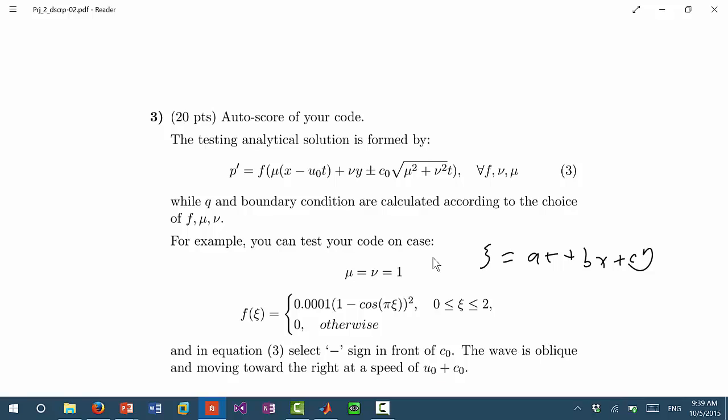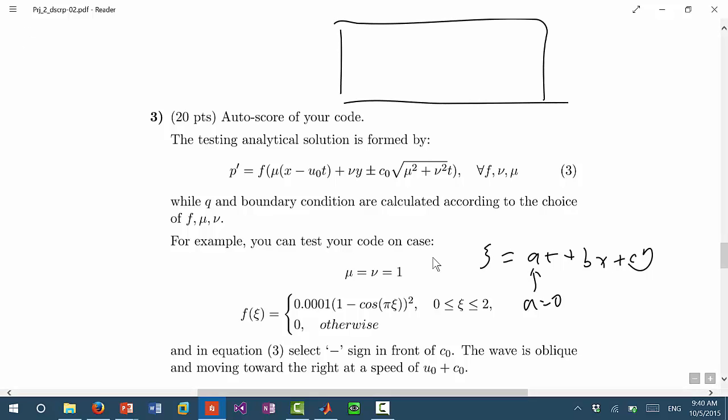Any questions on this? Yes. Does that analytical solution take into account the fact that there's a bump at the bottom? Okay, good question. When you plug it in, you get a bump both at the top and bottom. For example, if you let a equal to 0 and figure out b and c, you're going to find out the analytical solution requires a bump both at the top and bottom.